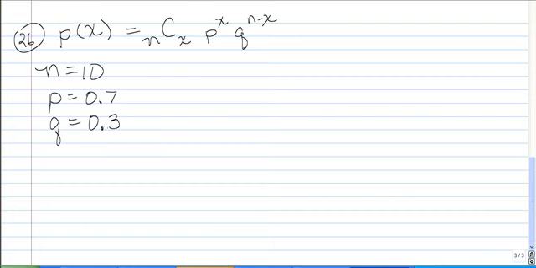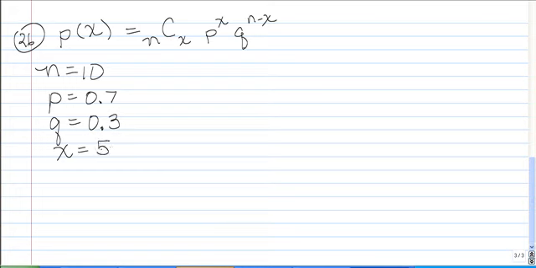So that means that our Q, our probability of failure, will be 1 minus 0.7, which gives us 0.3, and our X, of course, in this case, is 5 as part of the given information.